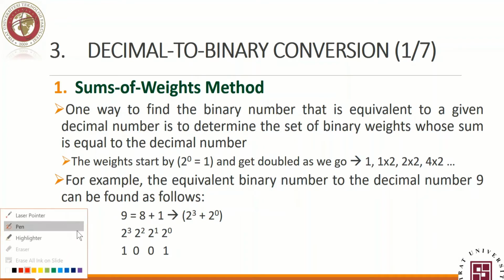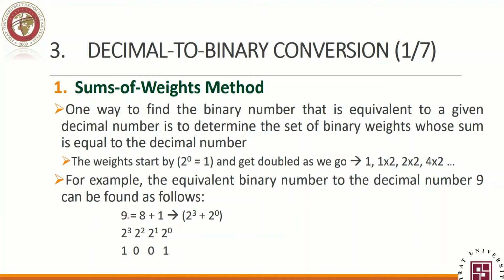I think maybe I should use some pen to explain it if it's not clear. Again, what we do is we decompose the value into two parts, and these parts should match the standard weights of the binary system. 9 is an easy value.